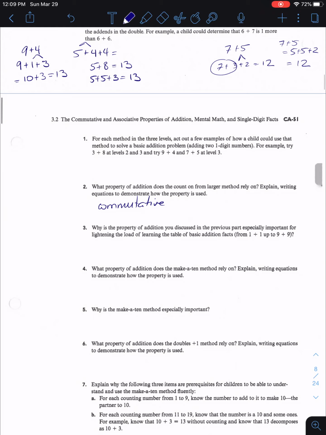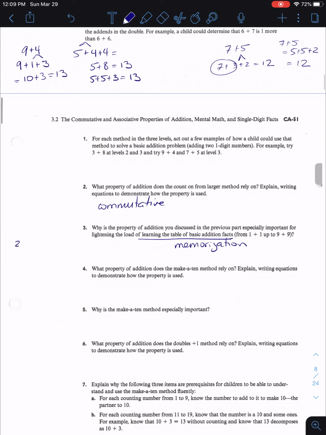Why is the property of addition you discussed in the previous part especially important for lightening the load of learning the table of basic addition facts from 1 plus 1 and 9 plus 1 to 9 plus 5? So why is it important that it doesn't matter what order we're adding in? Well, when we are learning the table of basic addition facts, I am assuming they're talking about memorization.